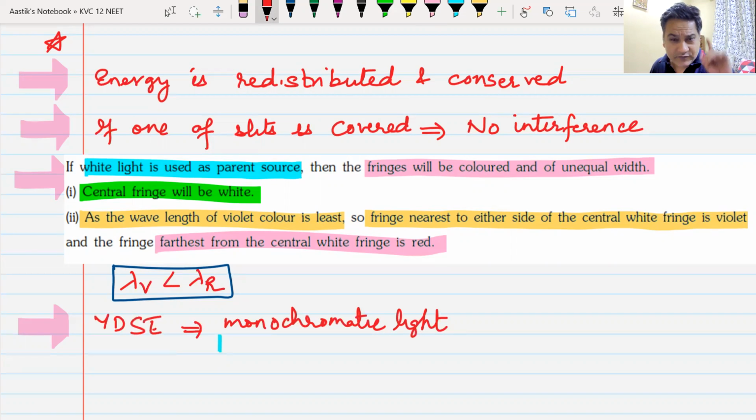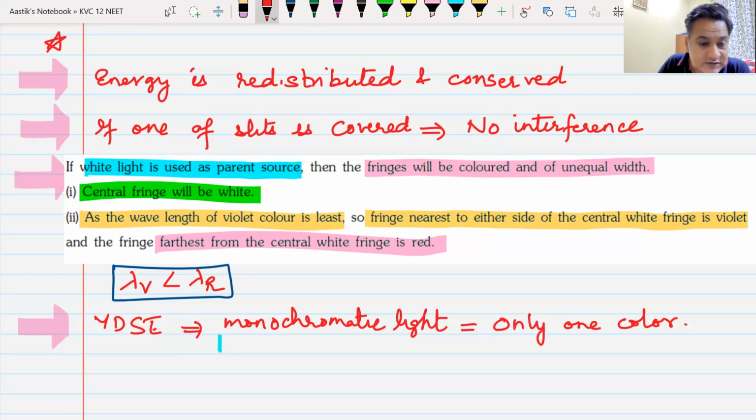Monochromatic light means light which consists of only one color or only one wavelength. Do we understand this? It should always be conducted with light which only consists of one color. It cannot be done with light of different colors. Do we understand this?